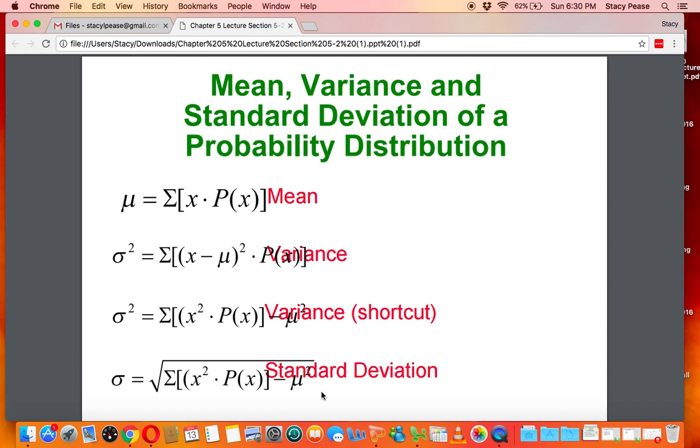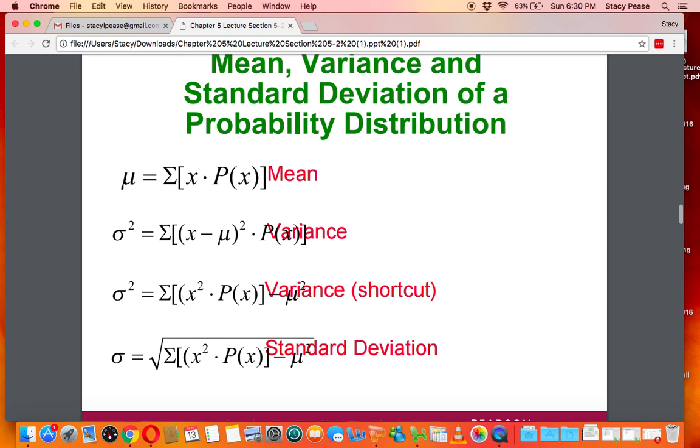And you'll also notice that the standard deviation is the square root of that same variance equation, which should make sense to us based on what we've seen in the past of the relationship between standard deviation and variance. So again, these are specialized equations that you'll only use for probability distributions, which will allow you to calculate a mean, a variance, and a standard deviation using your probability table.